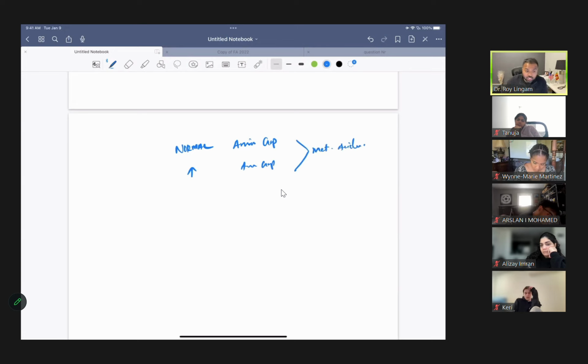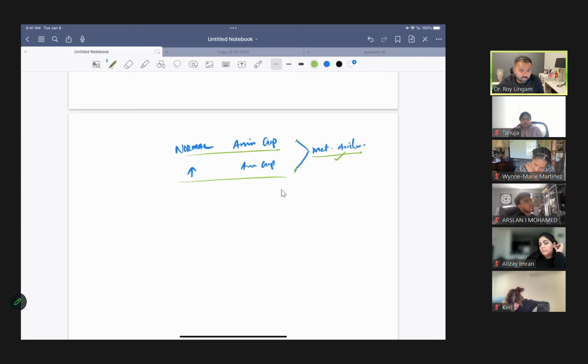You cannot just say metabolic acidosis, otherwise your attending will send you back. They want you to say whether it's a normal anion gap or increased anion gap metabolic acidosis. That's only applicable to metabolic acidosis, so we don't have to do that for respiratory acidosis. So every time you make a diagnosis of metabolic acidosis, always find out the anion gap. It's very clear, folks.